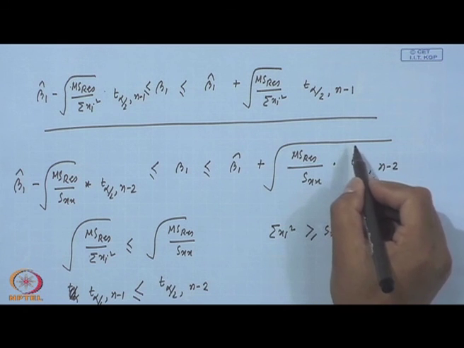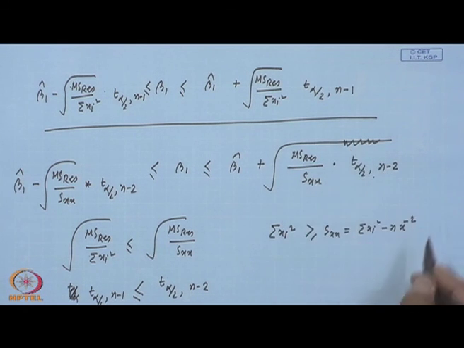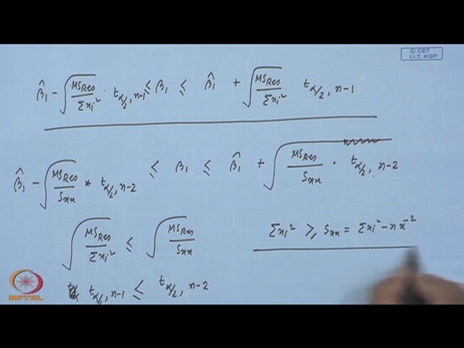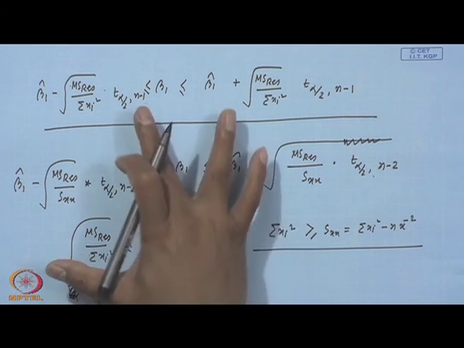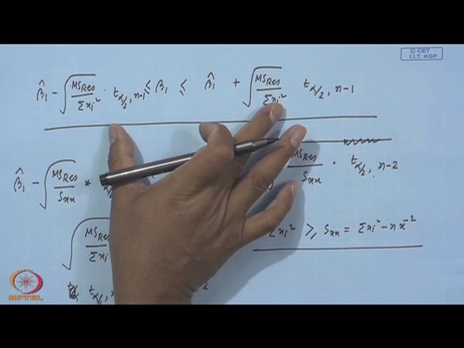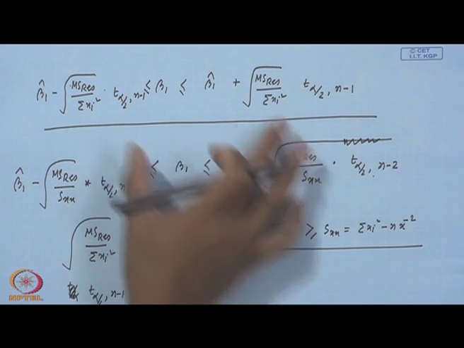I should not write the square root till that. So that is why this interval is narrower than this one.